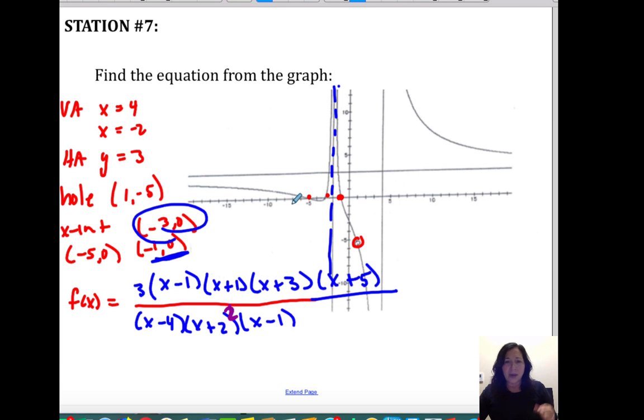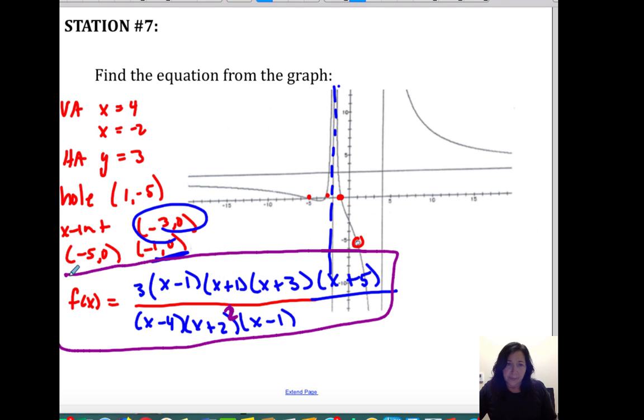And now I've got x to the 4th power on the bottom, x to the 4th power on top. So that's my answer. I'm done. Just a note, I can check what I have by plugging in the hole and making sure that that works.